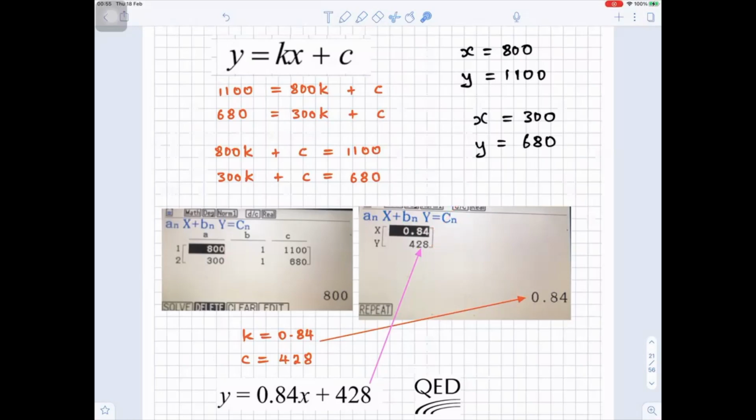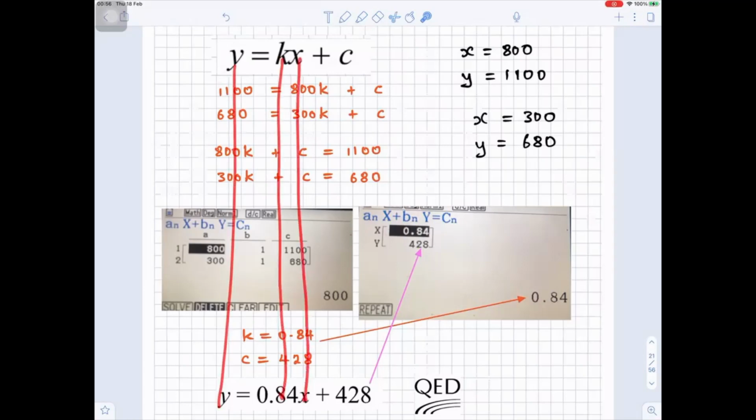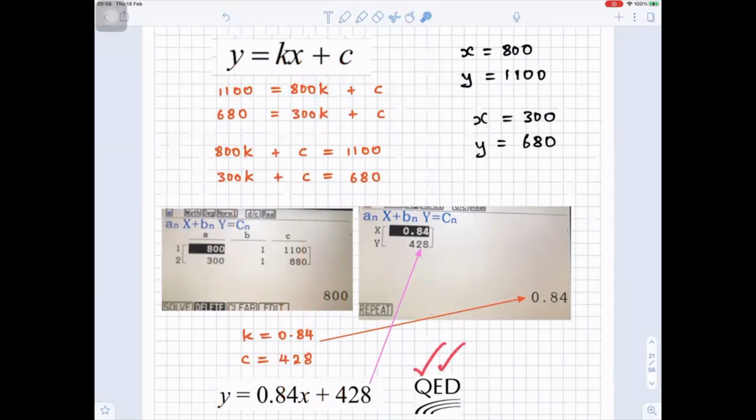So that means your k, which represents your x, is 0.84, and your c is 428. So you can write the equation as y is equals to 0.84x plus 428. QED, quod erat demonstratum, as required to show.